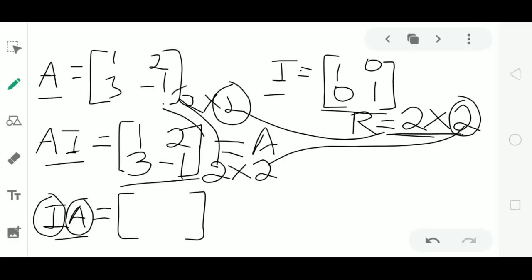The number of rows of A is 2. As the number of columns of I is equal to the number of rows of A, we can define the product IA. Here the first matrix is I and the second matrix is A.